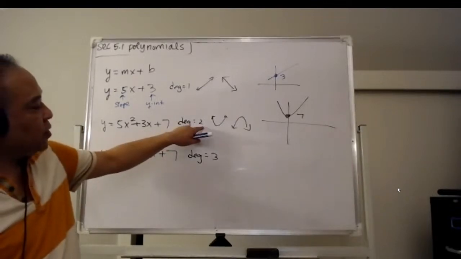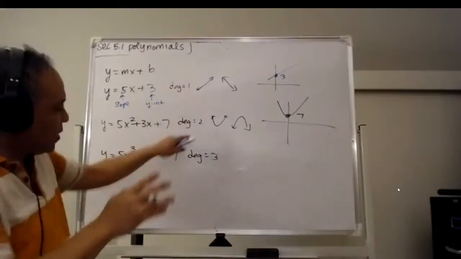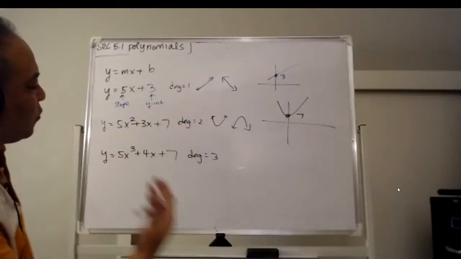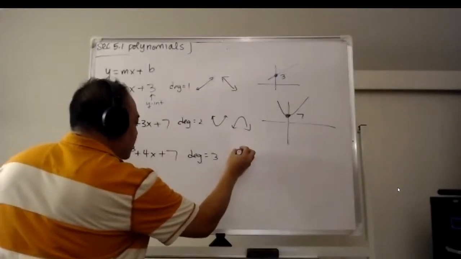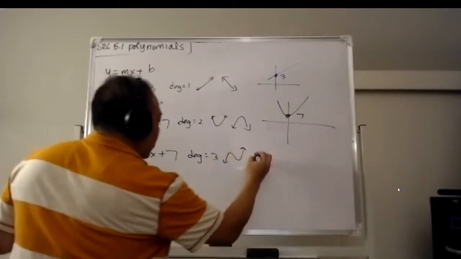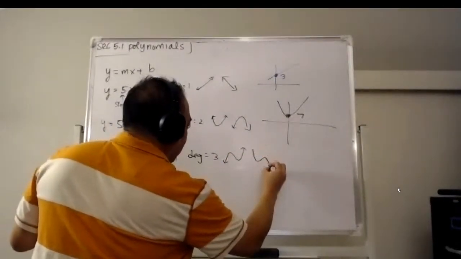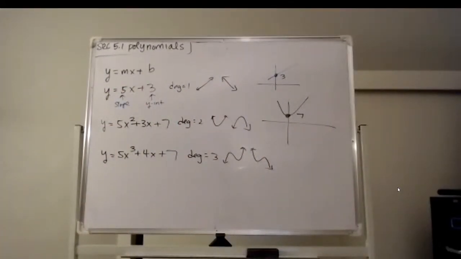So I have degree 2, so I change direction 1 time, 1 less than 2. Degree 3 means I change directions 2 times. This either looks like this, see how I change direction and then change direction, or it looks like this. Right? It changes direction twice.